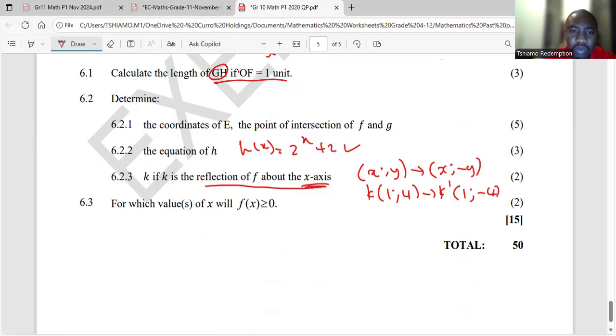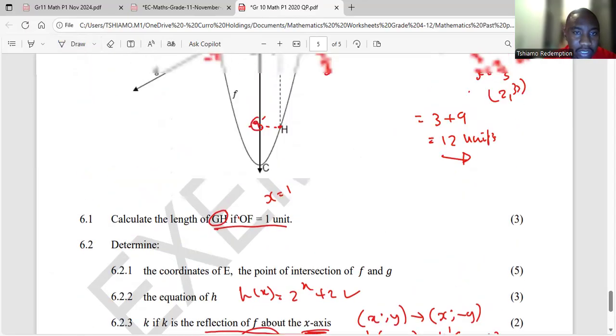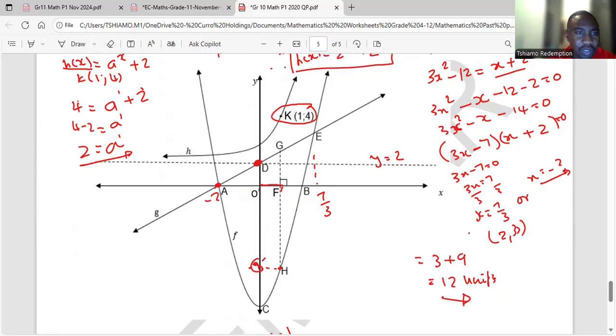Determine the values of x for which f of x is greater than 0. So where the graph of f is above 0, from where to where? Let's go to the graph and look at it. Where is this graph above 0? This graph is above 0 from negative 2 going that way and from 2 going that way. In between negative 2 and 2, the graph is below 0.